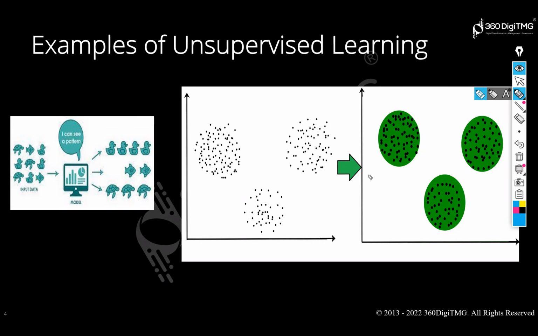Right? You can see here, input I gave some tortoise, fishes, ducks. Put through the algorithm, it's showing ducks separately, this separately and this separately.